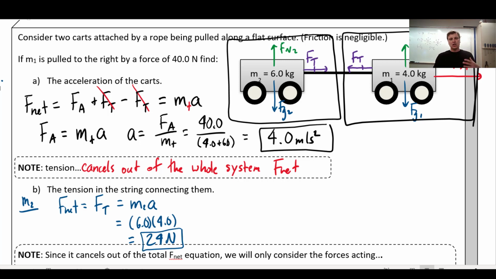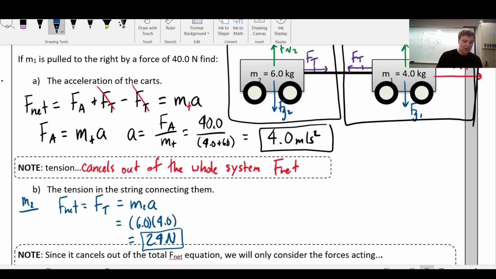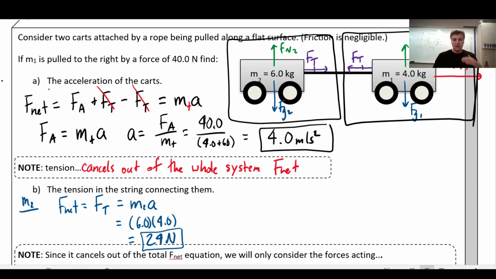Okay, so again, just to prove a point, I should be able to do this same idea, but just look at mass 1, and I should end up with the same answer. So if I use my hand to cover up mass number 2, and then I look at mass 1, then my net force equation would be a little bit different. The winner here is the applied force, and the loser is the tension.